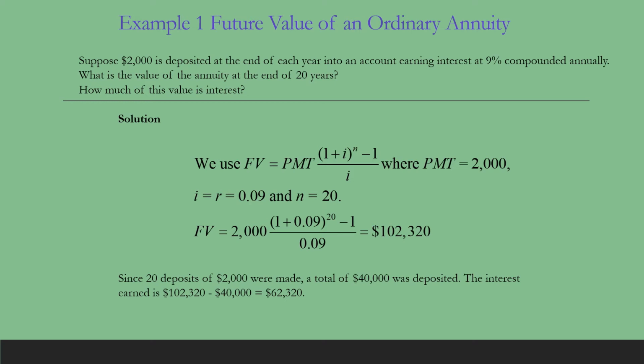Since 20 deposits of 2,000 were made, 40,000 was deposited. So the future value minus the total amount deposited will give us only the interest. The interest will be 62,320. So for this 2,000 deposit for 20 years, we get 62,320 as interest.